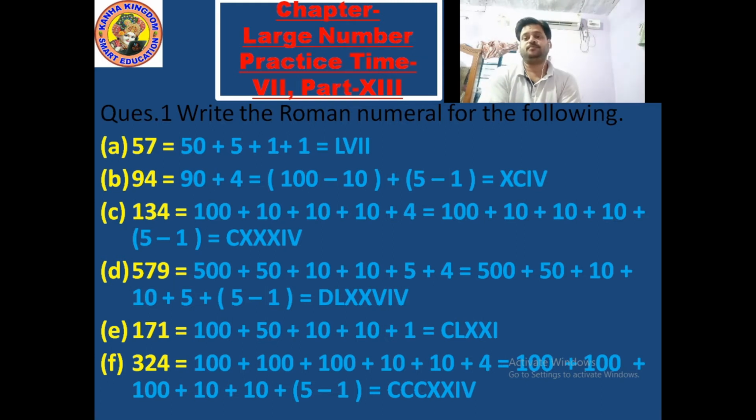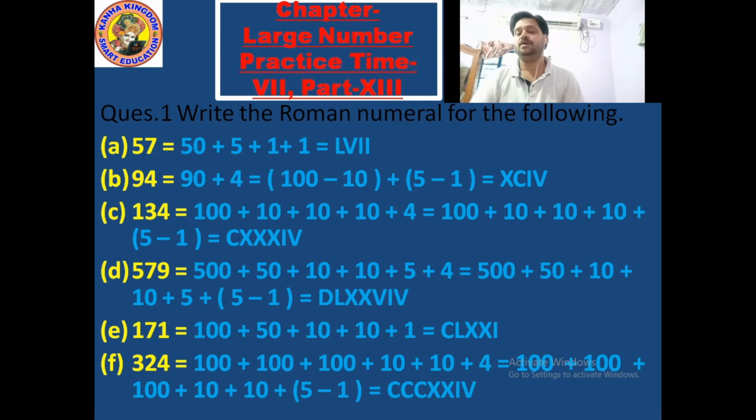First question is: write the Roman numeral for the following. A part, 57. How can we write 57 in Roman numerals?